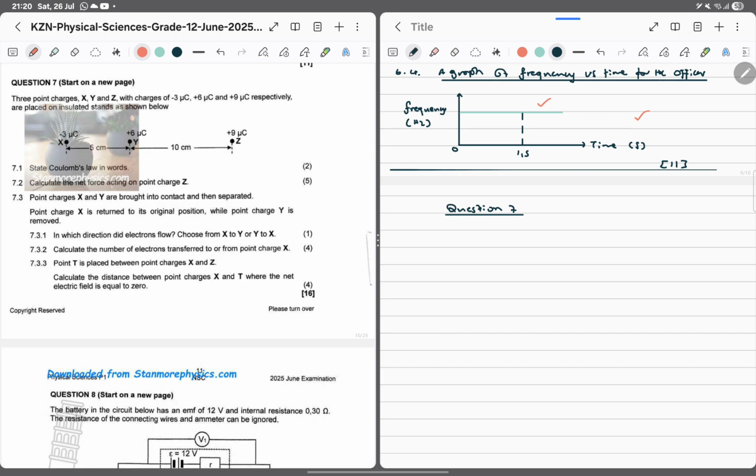we are told here that 3 point charges X, Y, and Z with charges minus 3 microcoulombs, plus 6 microcoulombs, and plus 9 microcoulombs, respectively, are placed on insulated stands. So what is the use of insulated stands here? Remember, we say charge cannot be destroyed or created, and what?